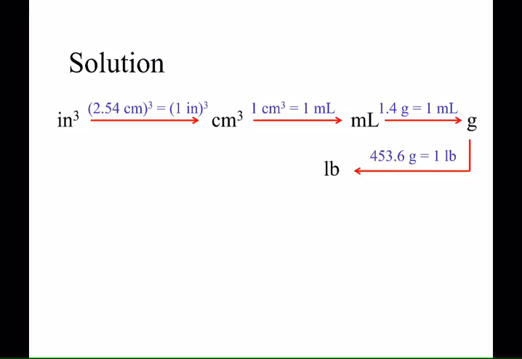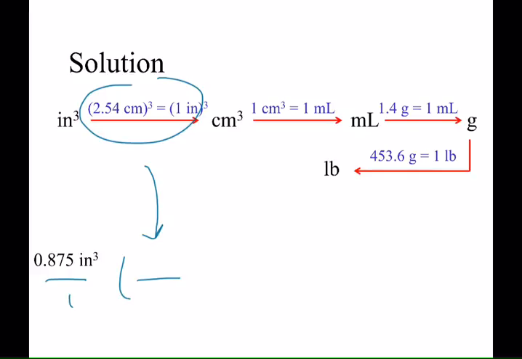Here we go. So the first term is the thing we want to convert. That's that 0.875 inches cubed, and we'll put it over 1. Now the next term is going to come from here, and we know that we want inches cubed to cancel, and we want to be left with centimeters cubed.